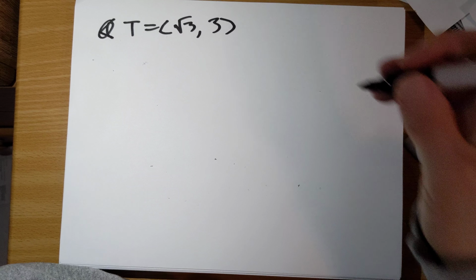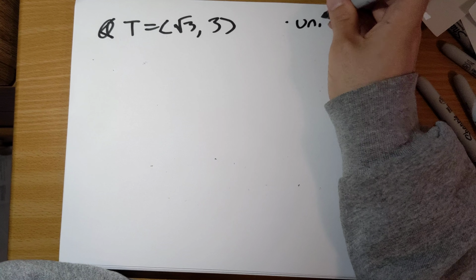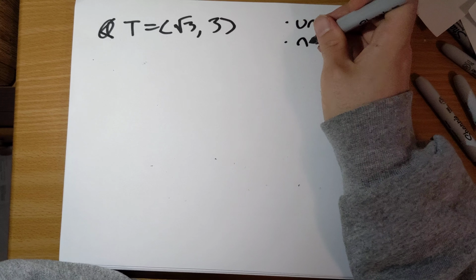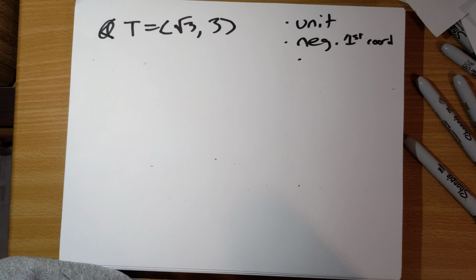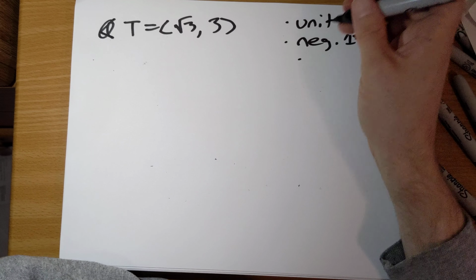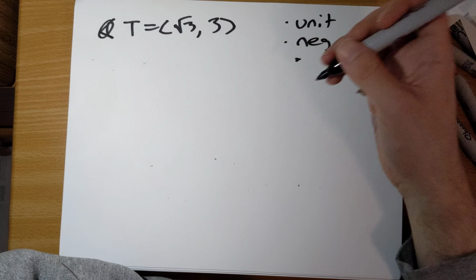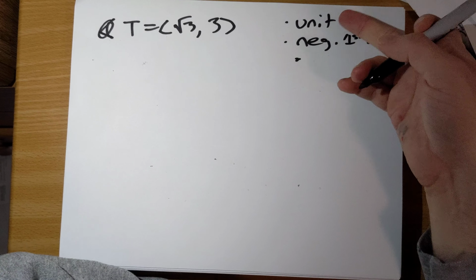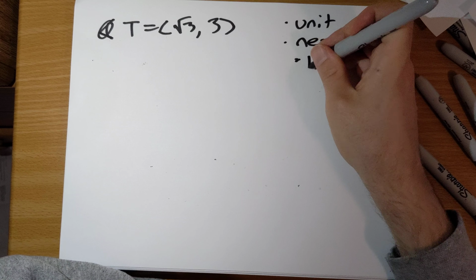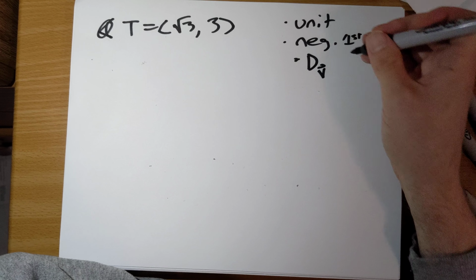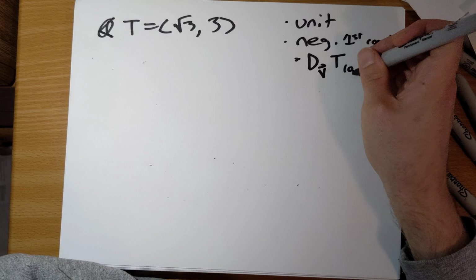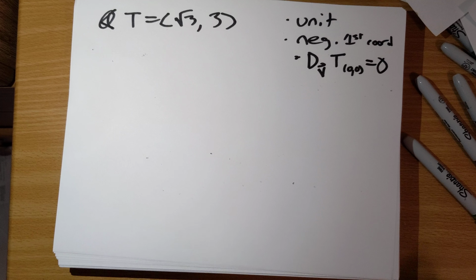We want our vector to be a unit vector with negative first coordinate, and we want the rate of change of the temperature in this direction to be 0. So we want the directional derivative in the direction of v of T at the origin to equal 0.